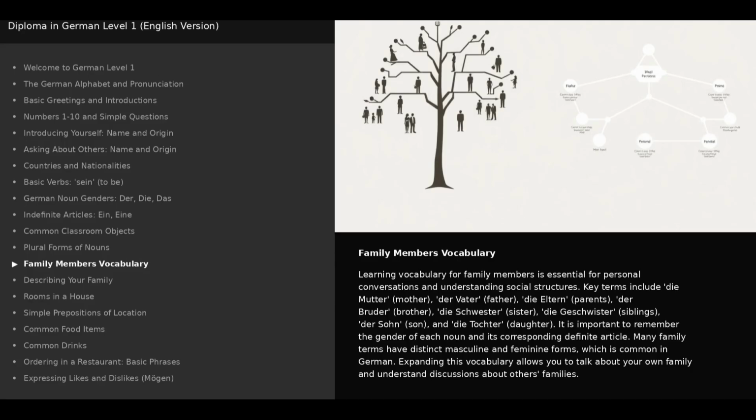It is important to remember the gender of each noun and its corresponding definite article. Many family terms have distinct masculine and feminine forms, which is common in German. Expanding this vocabulary allows you to talk about your own family and understand discussions about others' families.